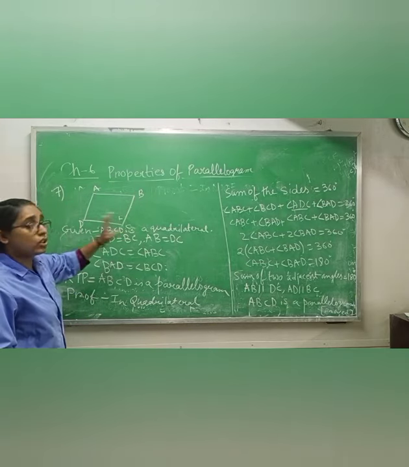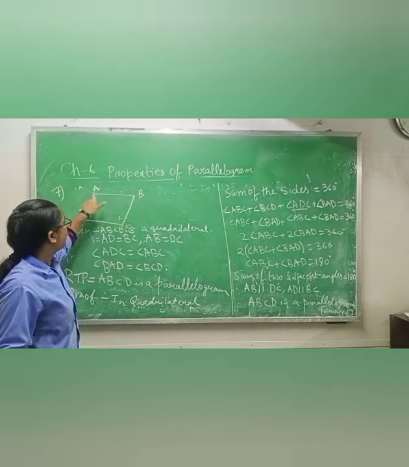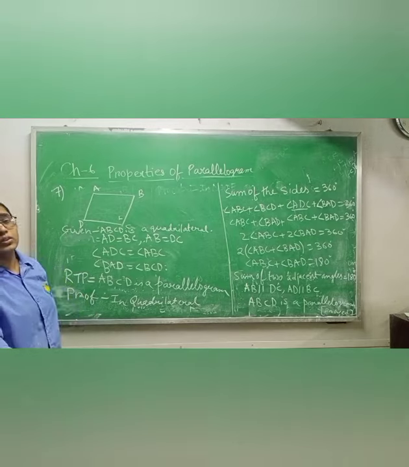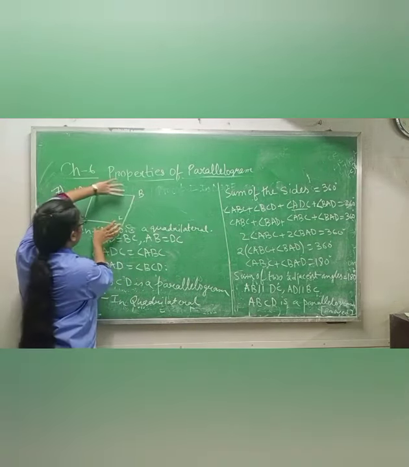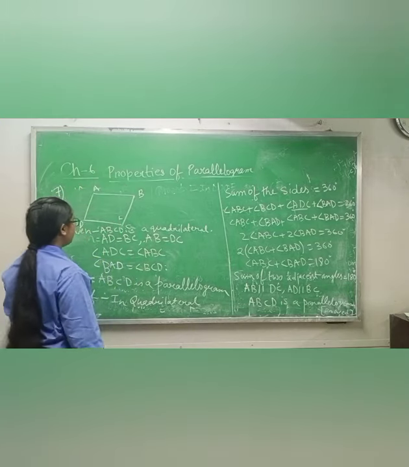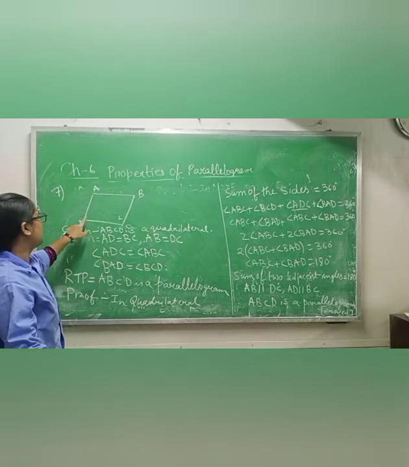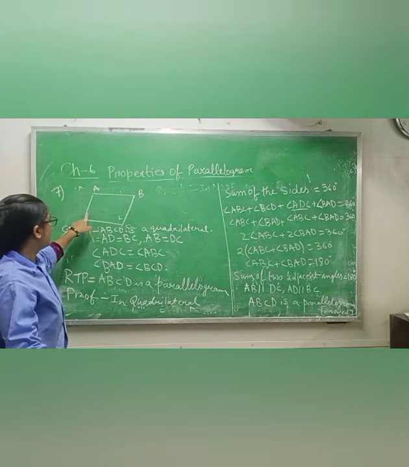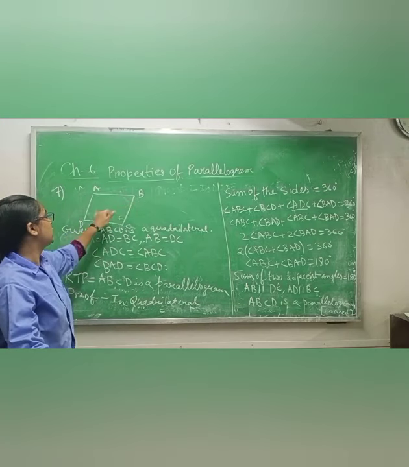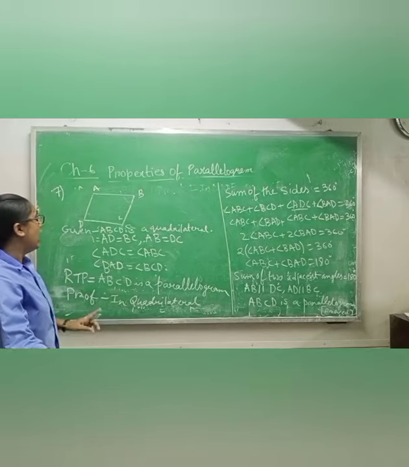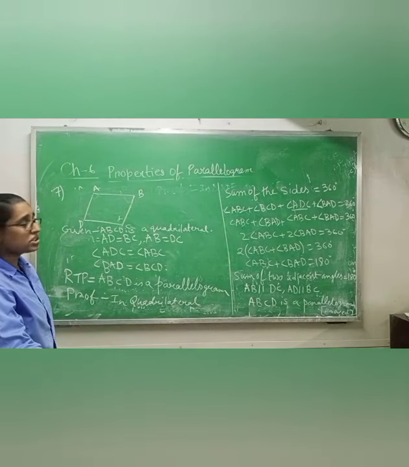Given ABCD is a quadrilateral, AD equals BC and AB equals DC. Why? Because they have given already that opposite sides are equal. I have written that. Now the opposite angles are also equal. It means that angle ADC, this angle, is equal to angle ABC, this angle. As well as this angle and this angle are equal because they both are opposite angles.